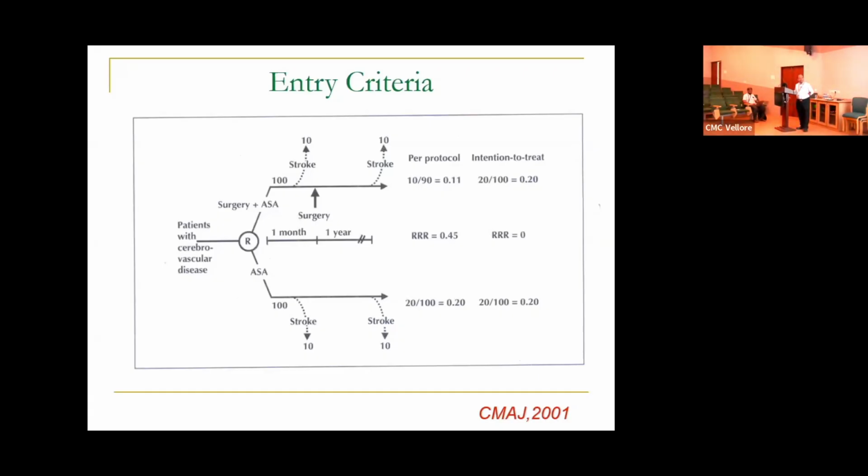Of the 90, 10 had stroke, therefore 10 out of 90 is the proportion. Whereas in this arm, no such thing happens. There's no surgery involved here. Therefore, 20 had stroke, 20 out of 100, and it is 20 out of 100 in both methods. Any questions? Okay.